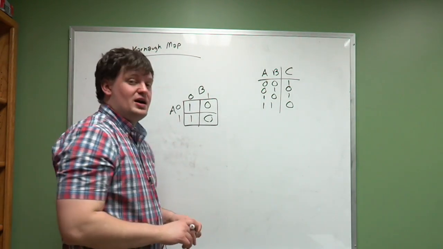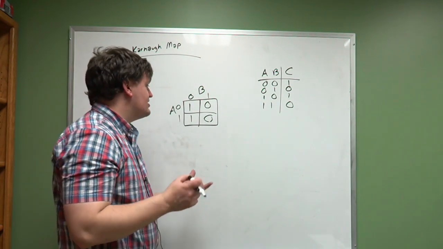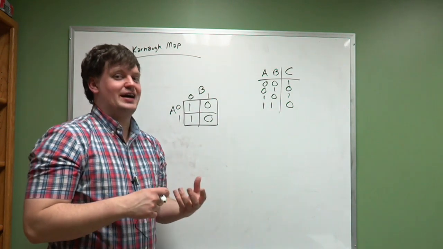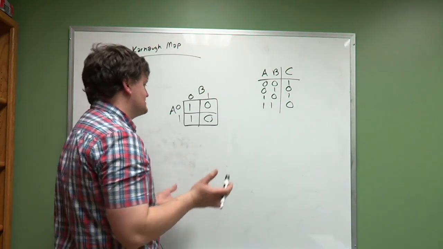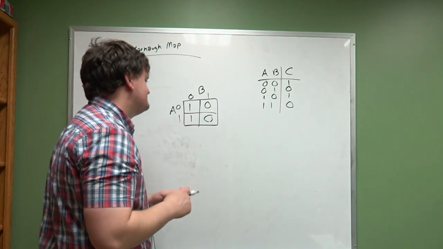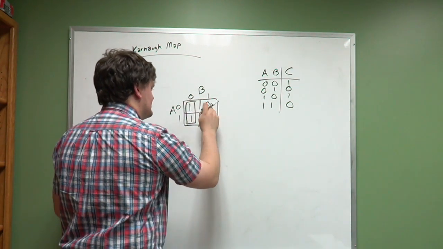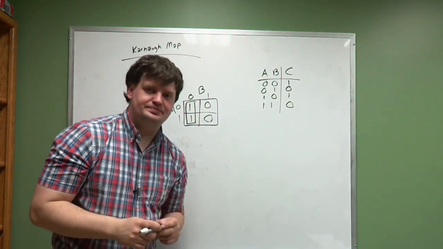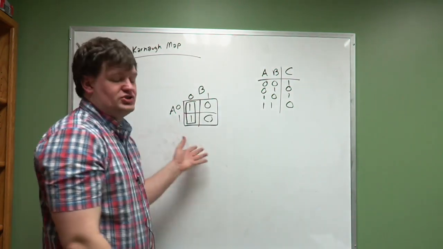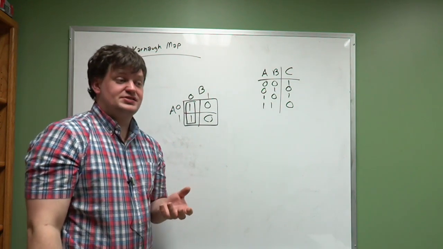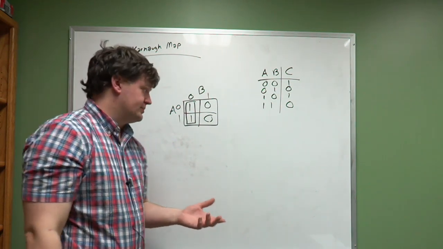What a Karnaugh map does is it's a very interesting way of looking at things. Okay? This right here, we have two ones together, and we have two zeros together. In a Karnaugh map, having two numbers right next to each other signifies that there's a relationship.